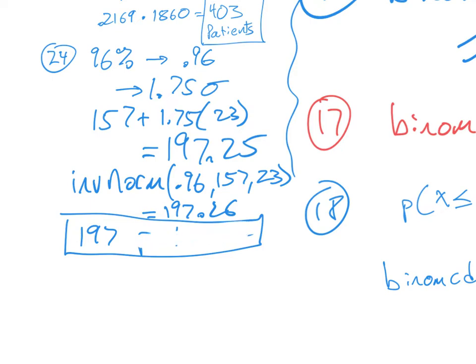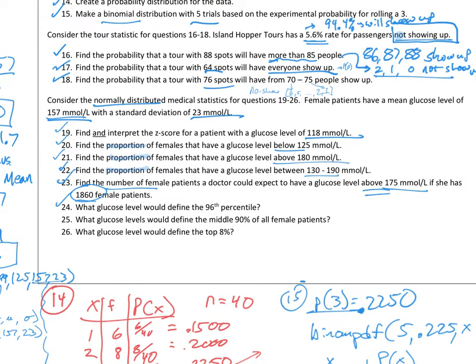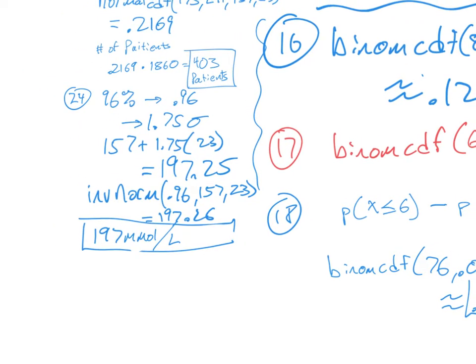Okay, so the glucose level, what are the units? Let's look at the units. Nanomole per liter. No, millimole per liter is the glucose level. Okay, so that's the units. All right, so inverse norm is probably the easiest way to go there.